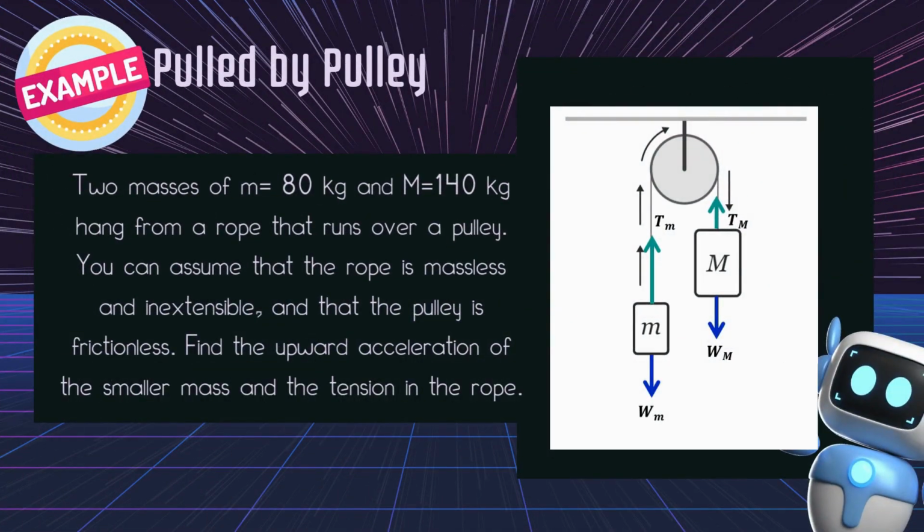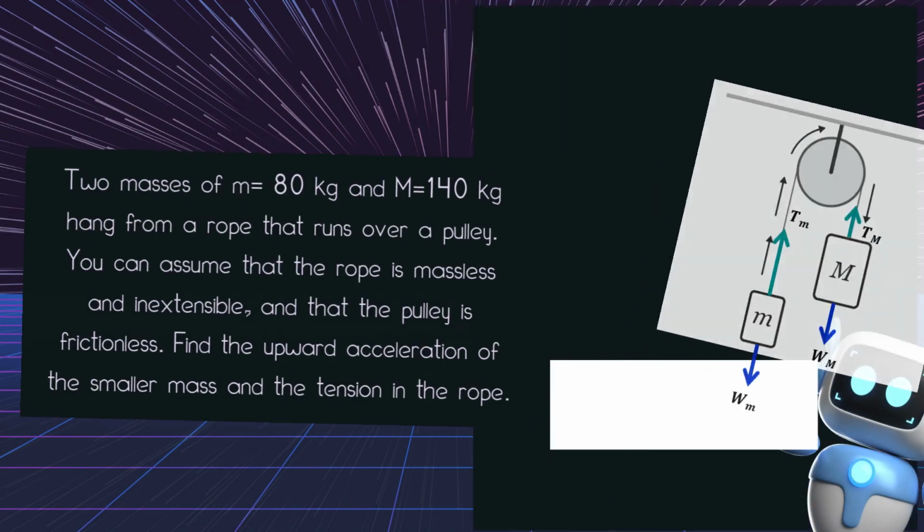Now we move to the second case, pulled by a pulley. Two masses hang on a pulley system. One mass is heavier than the other, so the heavier mass moves downward while the lighter mass moves upward. We need to find the acceleration and the tension in the rope.